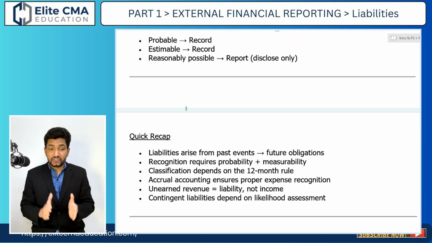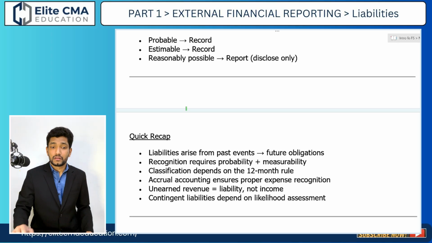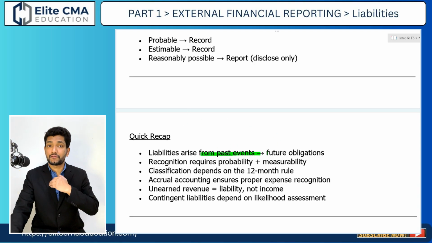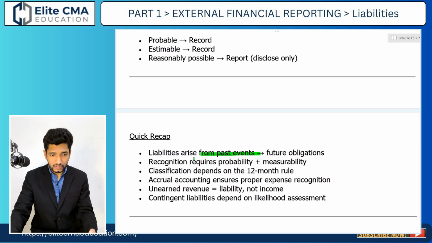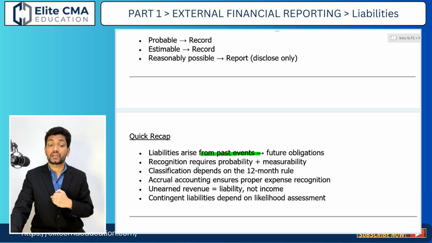Before winding up this discussion, let's have a quick summary of what we discussed today. It is about liabilities, which arise from a past event and create a future obligation. To recognize something as a liability requires probability plus measurability. It should be probable and it should be measurable also.